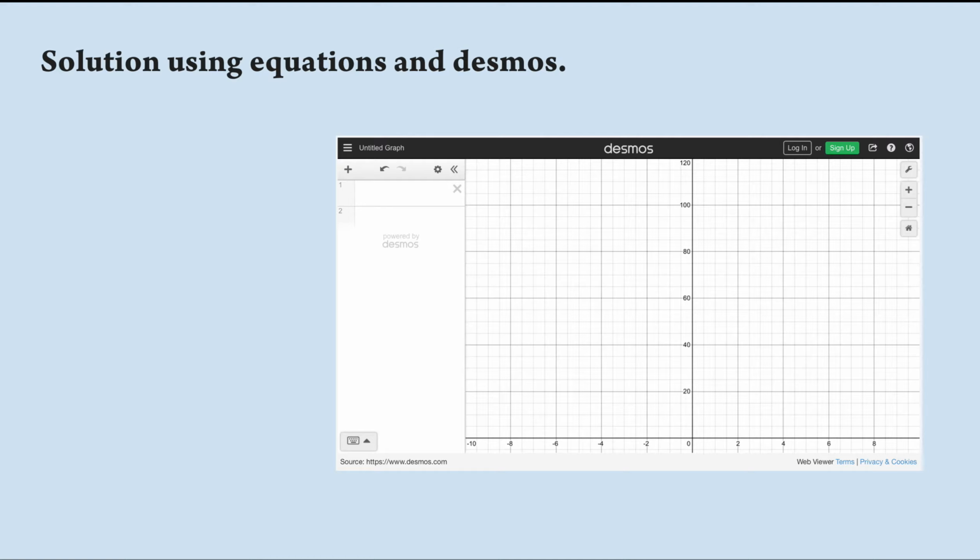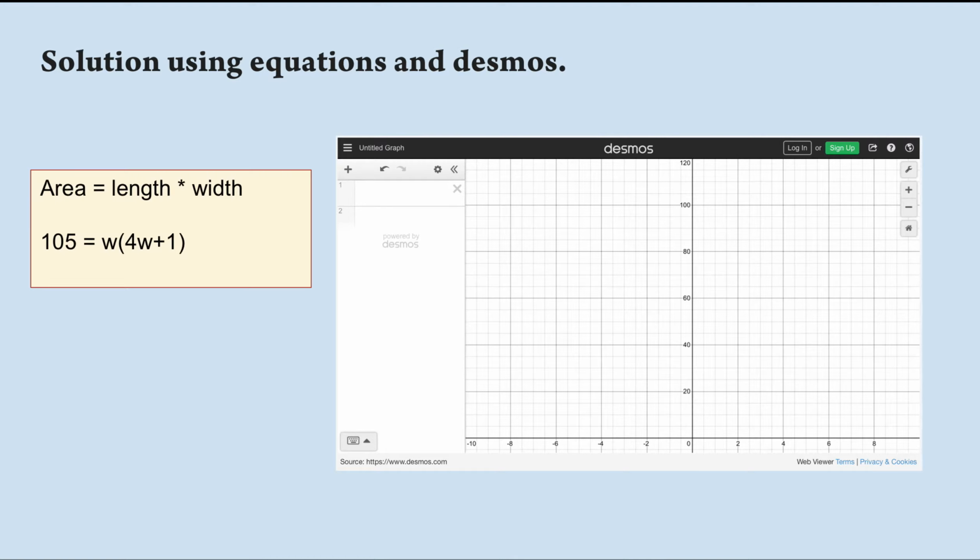So there's our Desmos screen. I'm going to just grab the information, the area is length times width and that 105 equals W times 4W plus 1, that quantity. In the Desmos screen, I'm going to plot a couple things. And what I'm going to do is plot the left-hand side of the equation as Y equals 105.